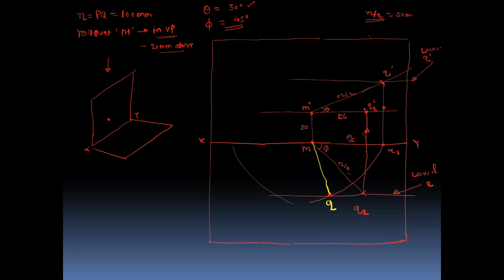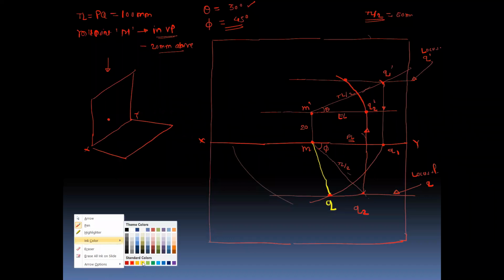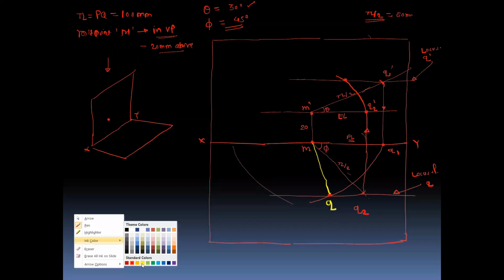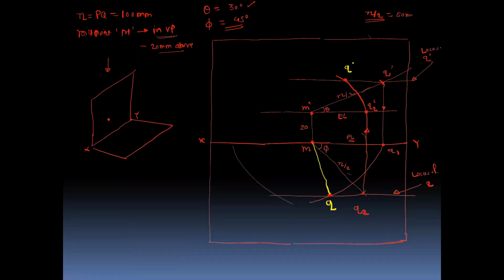Okay, and from this draw the curve on the locus of Q dash. So this point is the Q dash point. And draw this line.